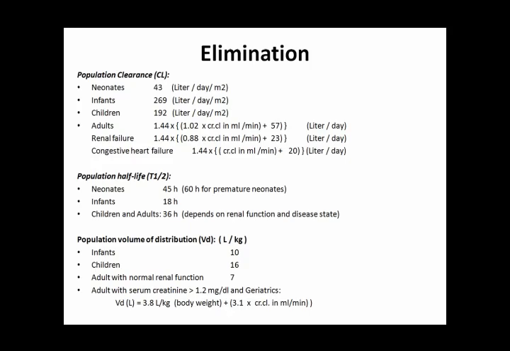I don't need you to memorize any of these population values. I just want you to be aware that they vary based on age, based on disease. Patients with renal failure or congestive heart failure will have different values. And volume of distribution, as I mentioned before, will depend on patient kidney function.